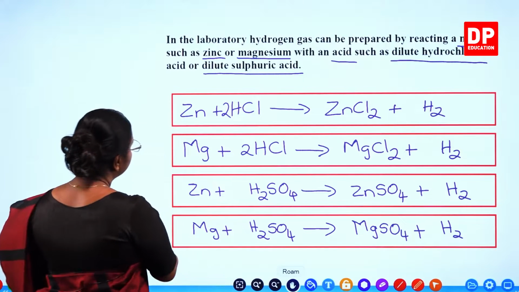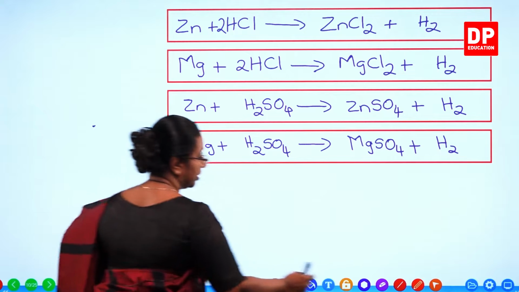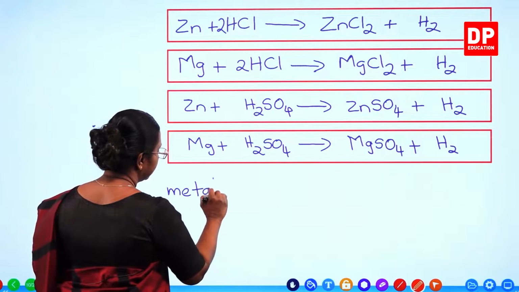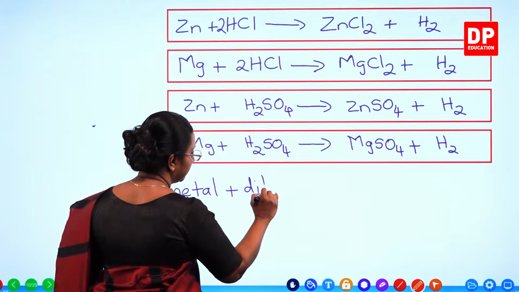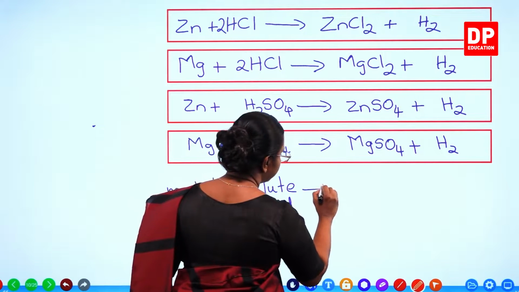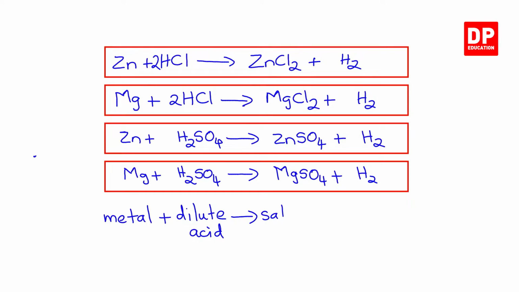So here, if we write the common reaction: metal plus dilute acid gives rise to the salt of the metal and hydrogen gas.